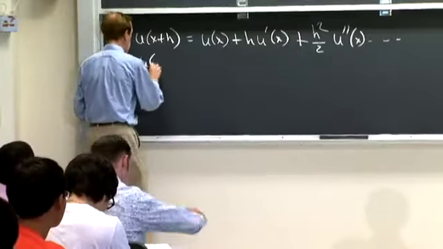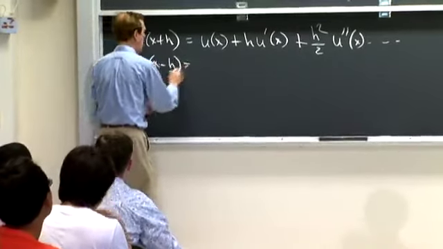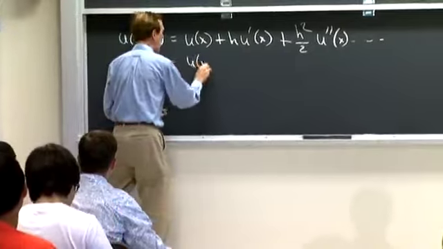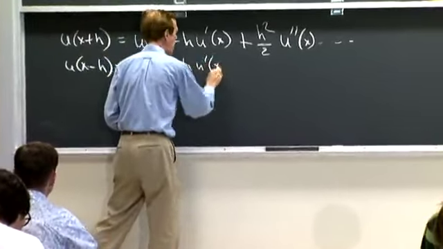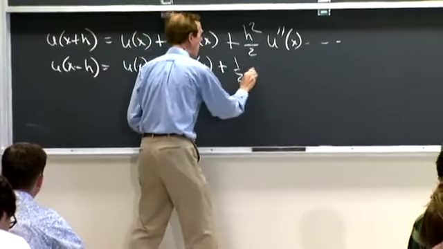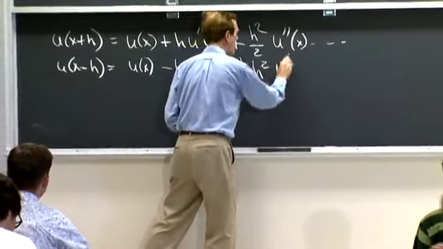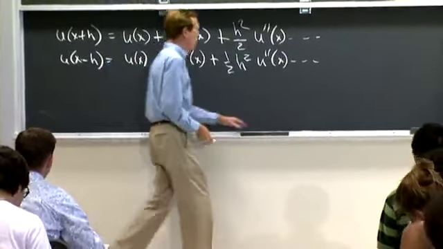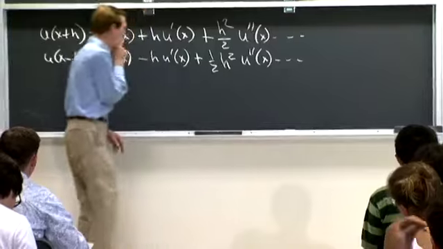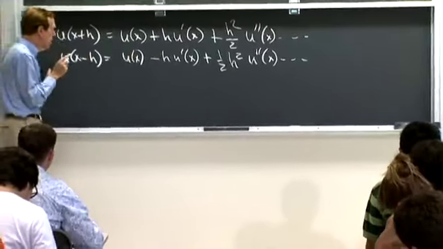Now, what about this u at x minus h? Well, that's a step backwards, so that's u at x. Now, the step is minus h. But then when I square that step, I'm back to plus h squared, u double prime of x, and so on. Ooh, am I going to find even more accuracy?